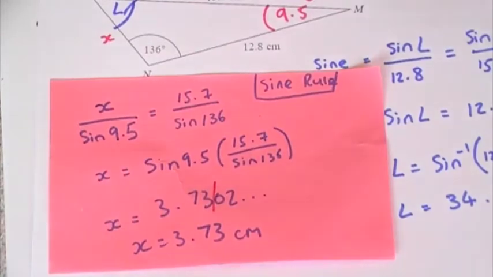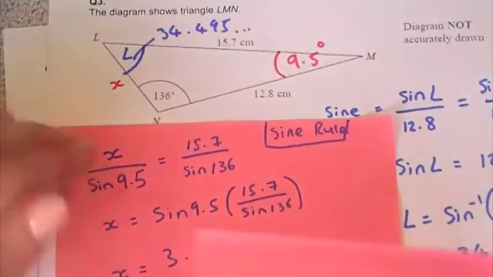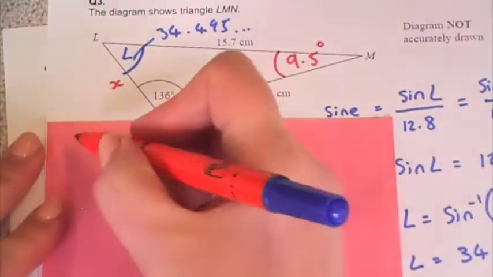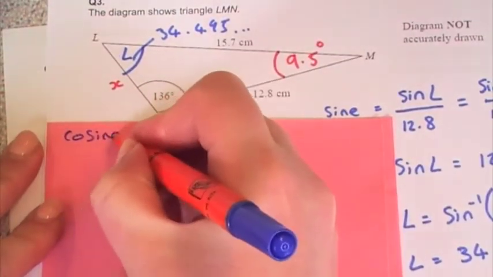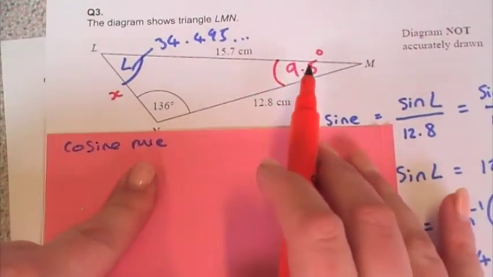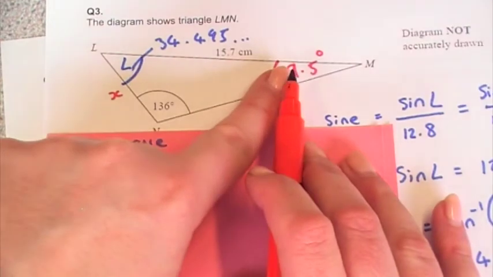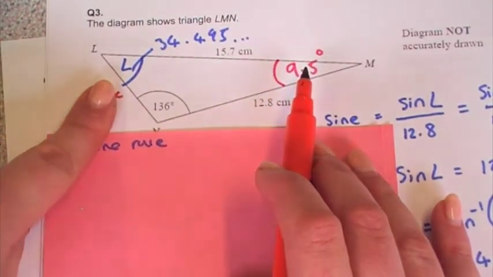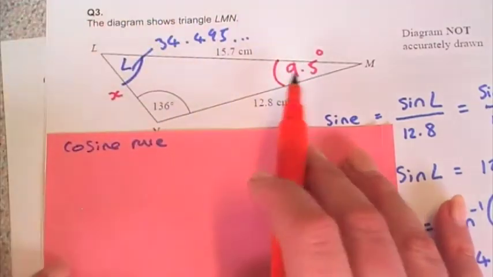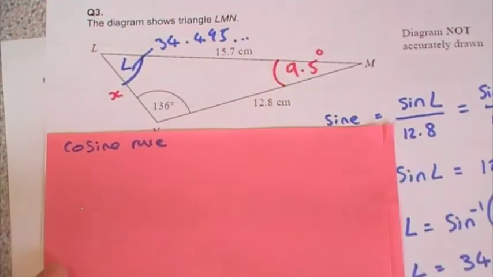However, there is nothing stopping you using the cosine rule to finish the question off. So, using the cosine rule, and remember the reason we're allowed to do this now is because we found this angle and I need to find the opposite length, but I have been given the lengths that sandwich the angle each side.